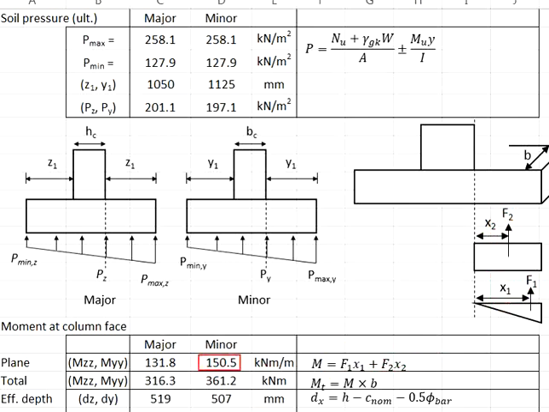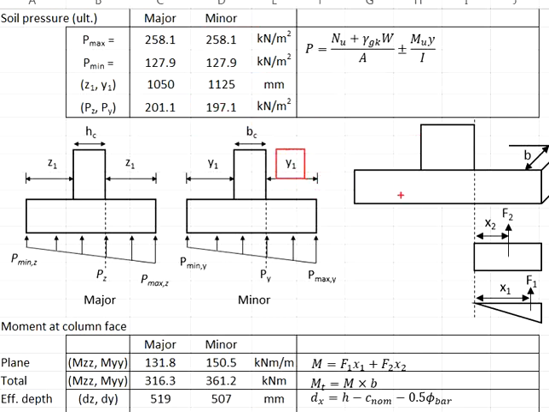You will do the same for the minor axis. To calculate F2, you use this 197.1 kN per meter square, multiply by Y1, and then multiply by the lever arm, which is Y1 divided by 2. And then find this height, which equals 258.1 minus 197.1.